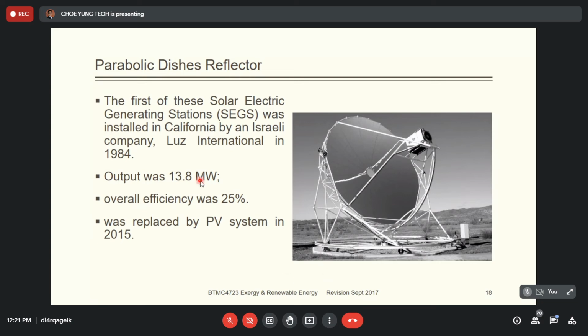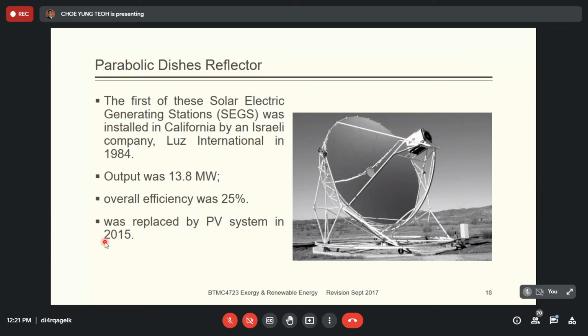Output was 13.8 megawatts. It was because they changed already. Previously it was 13.8 when it started to operate. Overall efficiency was 25%. But the problem is the solar thermal receiver here was replaced by a photovoltaic system in year 2015.